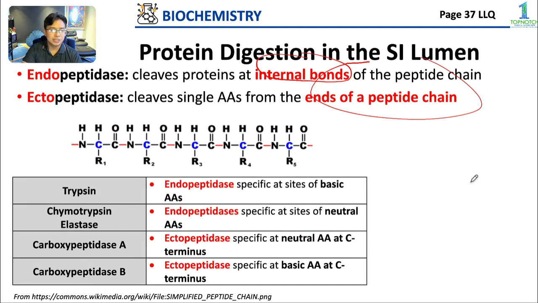So we have here the following: trypsin at the basic amino acid sites, chymotrypsin and elastase naman at the neutral amino acid sites. Both are endopeptidases. While carboxypeptidase A and B are both exopeptidases. Yung isa nga lang A at the neutral amino acid, yung B naman for the basic amino acid.